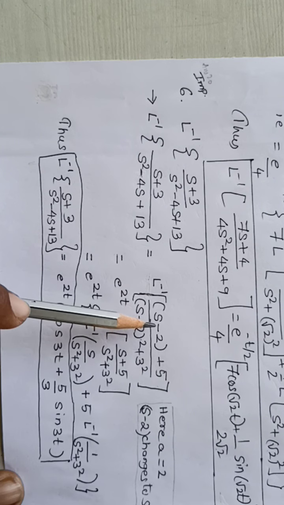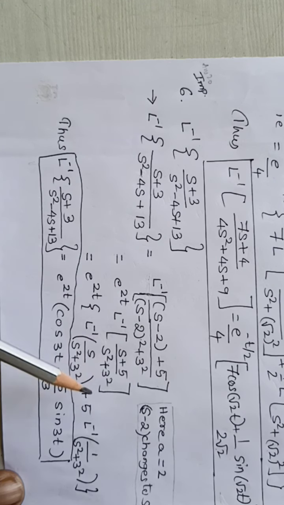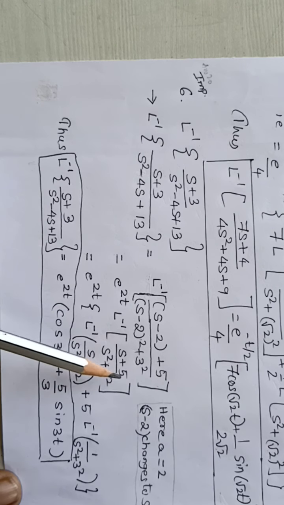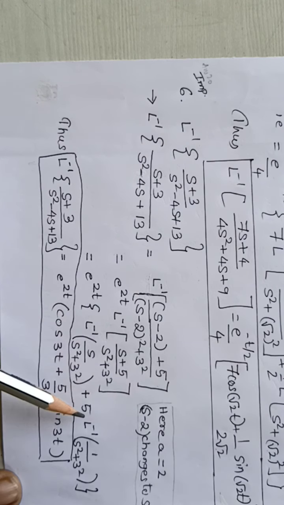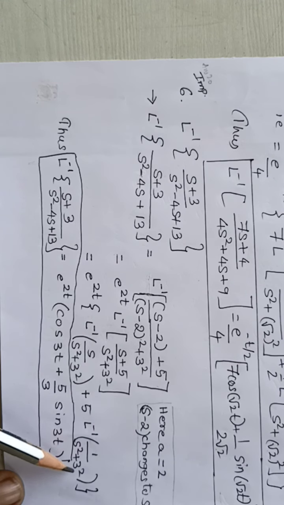Laplace inverse of this becomes s plus 5 over s square plus 3 square. So it is e raised to 2t, Laplace inverse of s upon s square plus 3 square, plus, splitting this, 5 constant taken outside, again Laplace inverse of 1 upon s square plus 3 square.